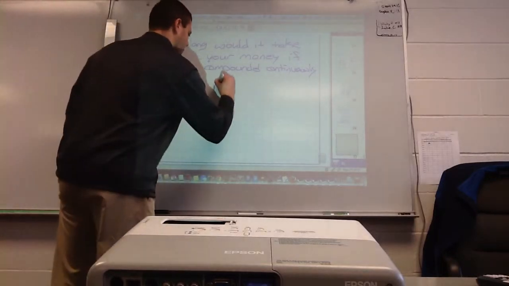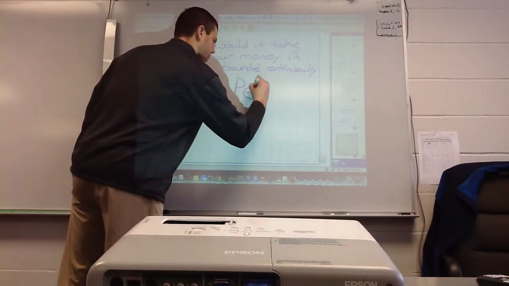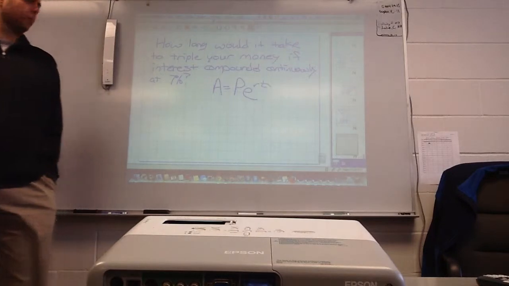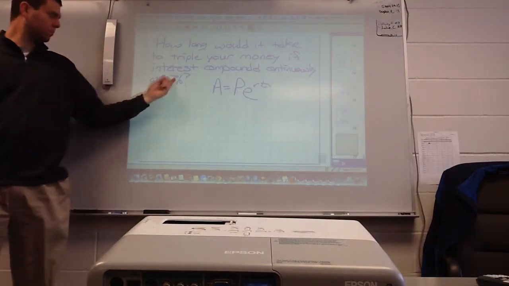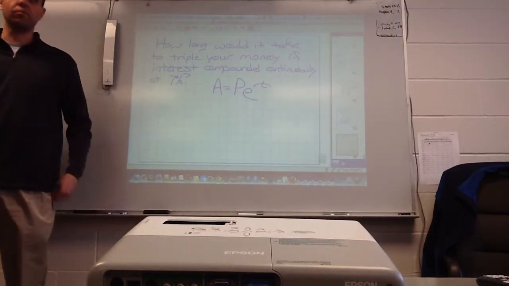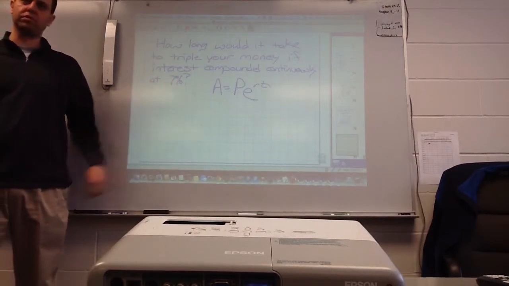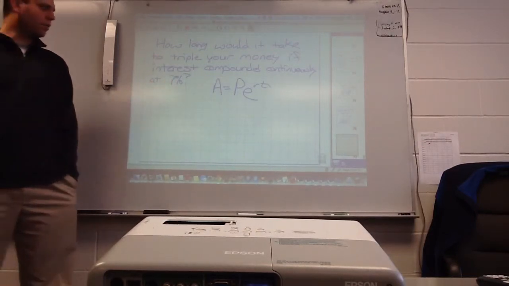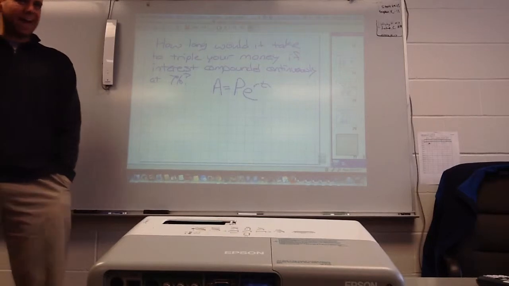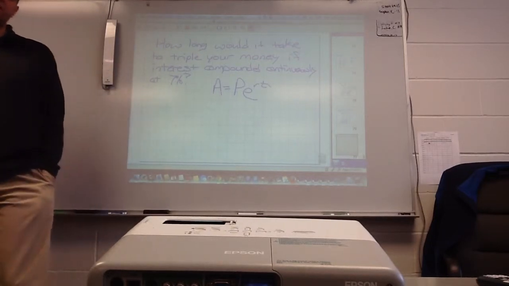Paper. Okay. What do we know? 7% interest, so r is going to be 0.07. We also know we've got to triple our money. Do you think it matters what values of money we use as long as we triple it?